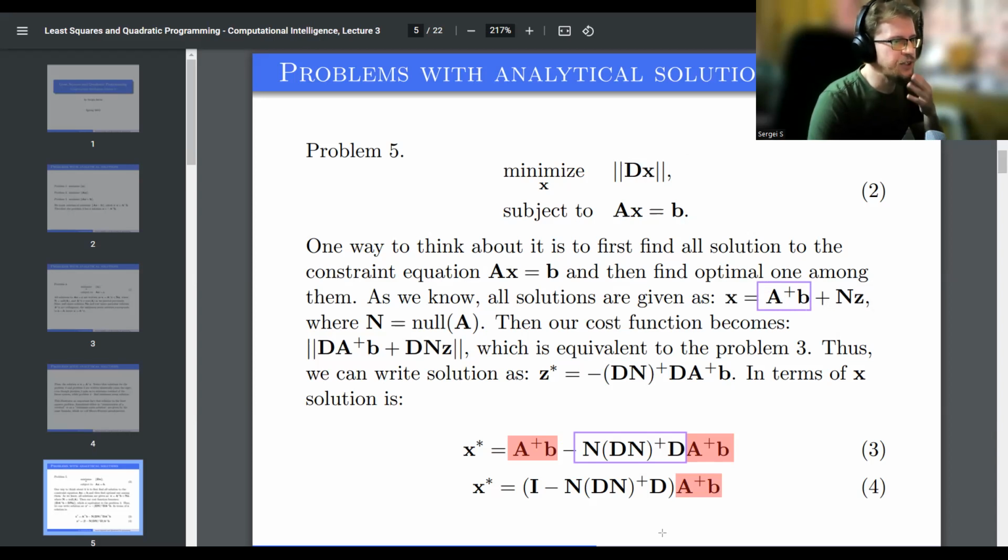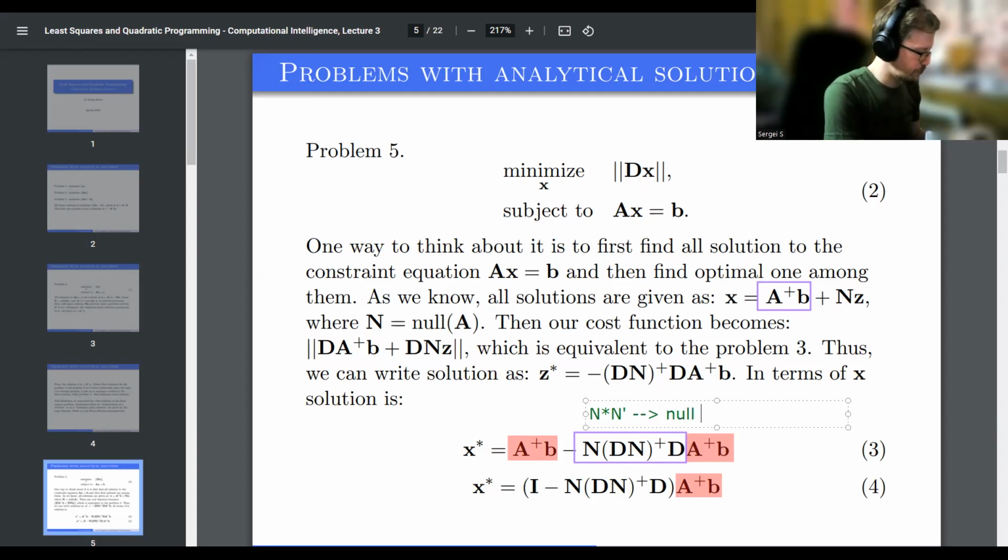If D is identity, what we have is N times N pseudo-inverse, which is the same as N transposed. You can say N pseudo-inverse, it doesn't matter. And this is a null space projector.